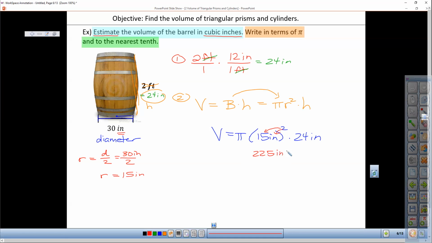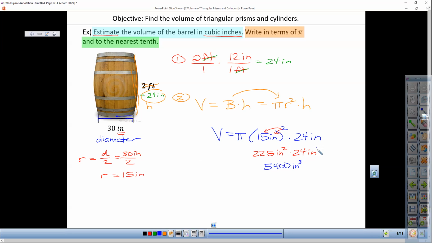That gives me 225 inches squared, or square inches, times this 24 inches. Here I'd probably use a calculator to speed this up. So I'm going to take 225 times 24, and I get 5,400. And inches squared times inches would be inches cubed.